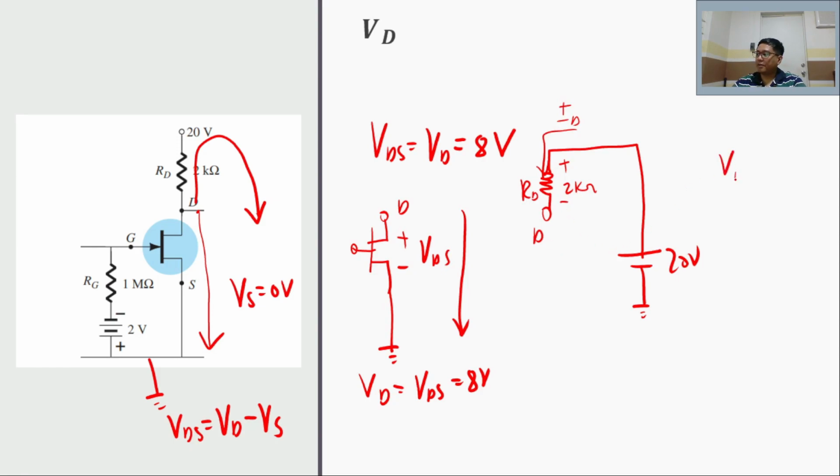Let us trace from the drain terminal minus IDRD plus VDD. VD is equal to negative 6 milliamperes times 2 kilo ohms plus 20 volts, which is also equal to 8 volts.